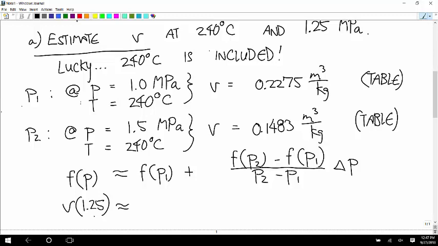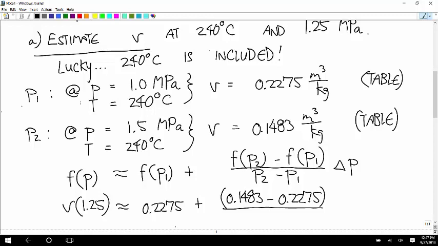Okay, so what's the specific volume at 1 megapascal? That's 0.2275. And now plus the specific volume at pressure 2, so that's 0.1483 minus 0.2275, divided by 1.5 minus 1.